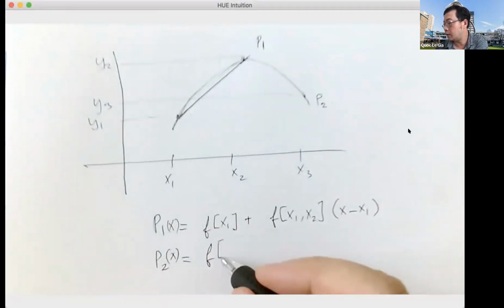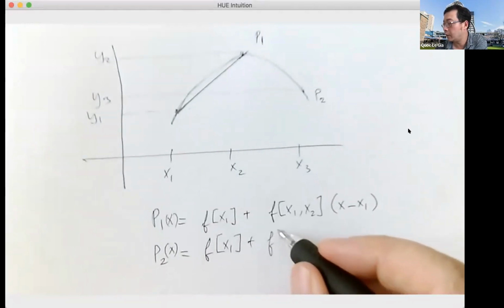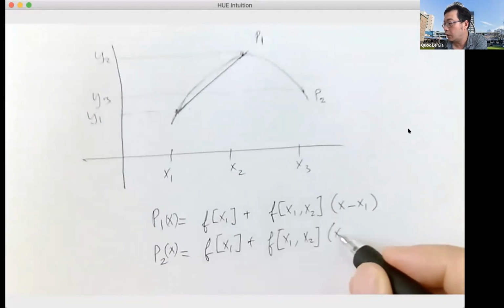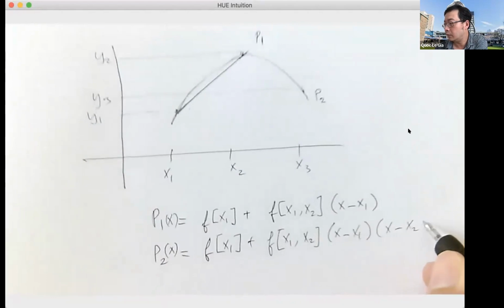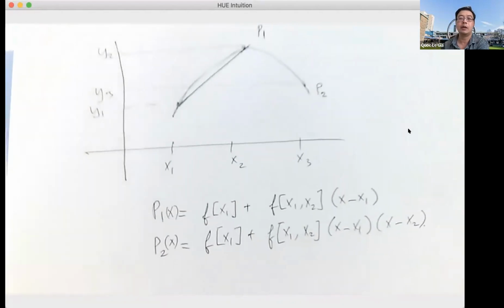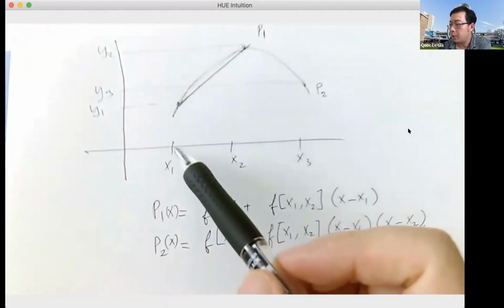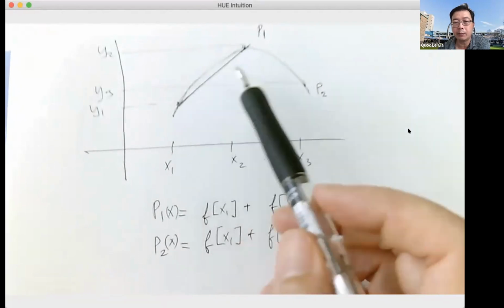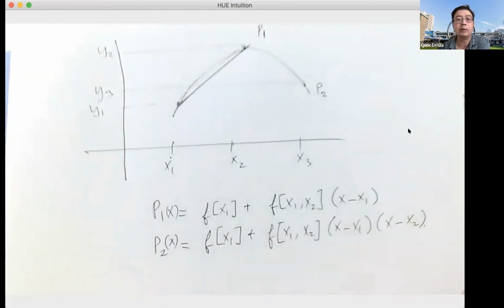This is essentially what we have been talking about so far, right? So it's the divided difference f[x1, x2, x3] times (x minus x1)(x minus x2). But this is like you construct P2 from the left, you go x1, x2, then x3, yeah?